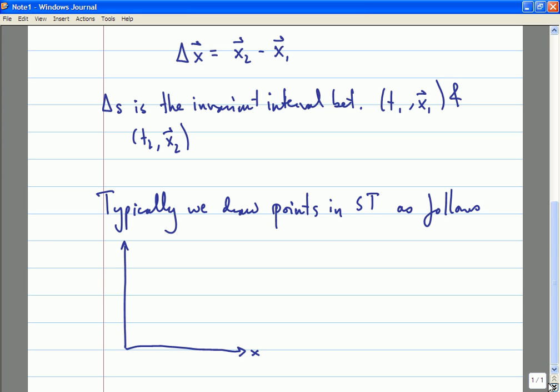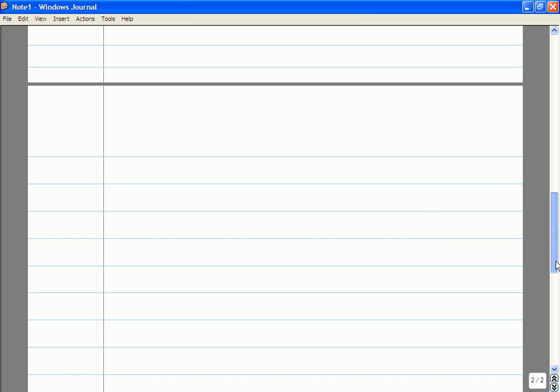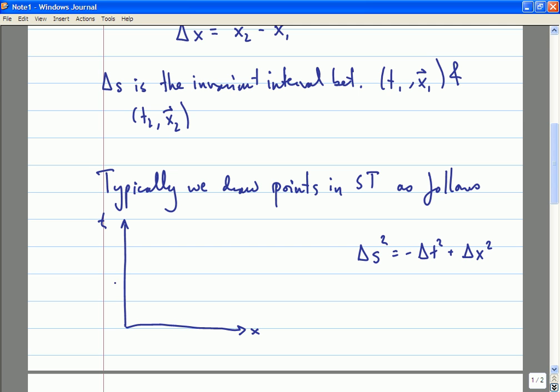And then we can look at the behavior of this invariant interval, which is given by delta s squared is minus delta t squared plus delta x squared. So if we set the first point, t1 and x1, to be the origin of this spacetime diagram, then the lines of fixed delta s are hyperbolas on this spacetime diagram.